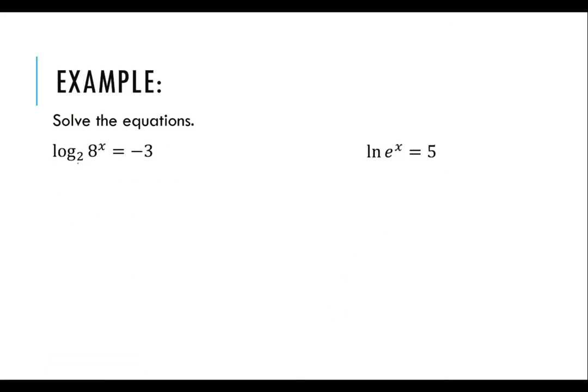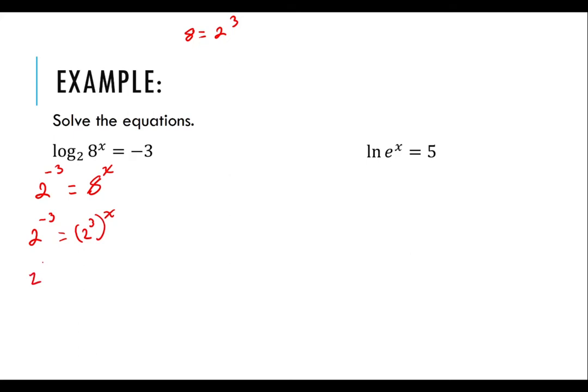If I have log base 2 of 8 to the x is equal to negative 3, that's the same thing as saying 2 raised to the negative third power is equal to 8 raised to the x power. Well, then I could rewrite 8 as a power of 2, so 2 to the negative third, we know that 8 is really 2 cubed, so this is the same thing as 2 cubed raised to the x power.